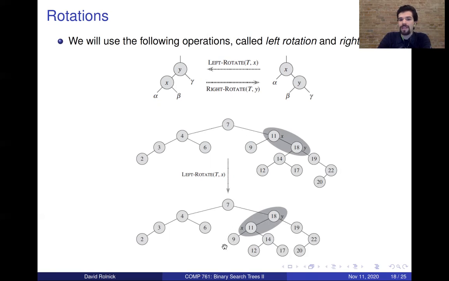Everything on the left-hand side was less than everything else that we're moving around. 9 is less than everything else here. 19, 20, and 22 are all greater than everything else here.